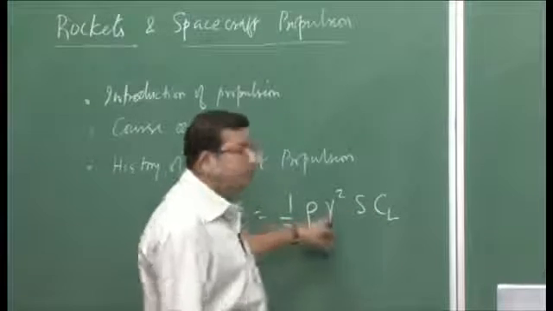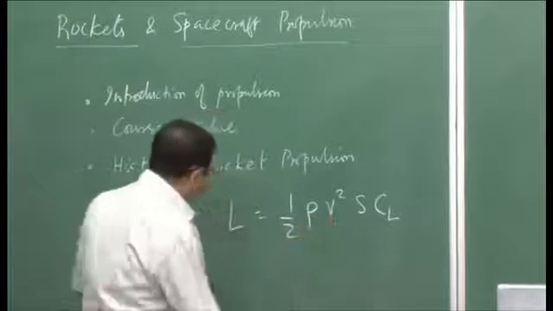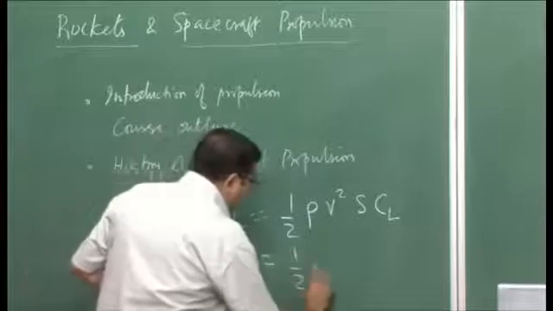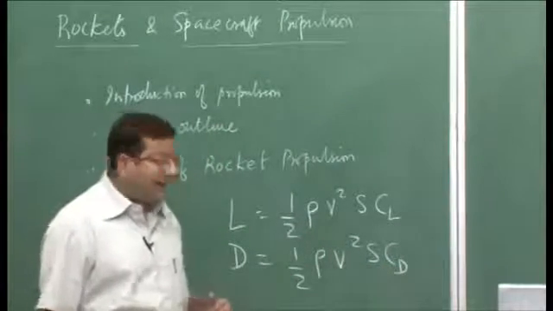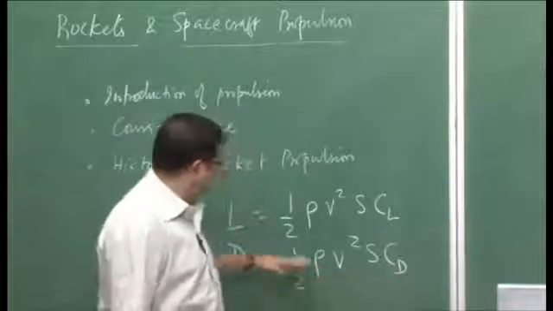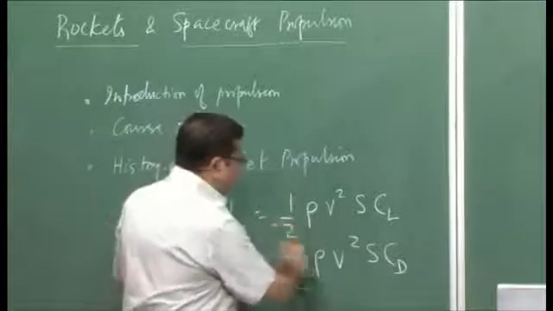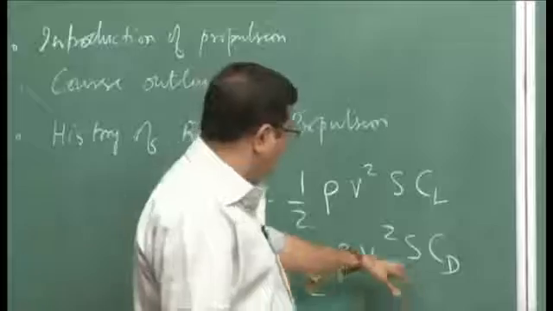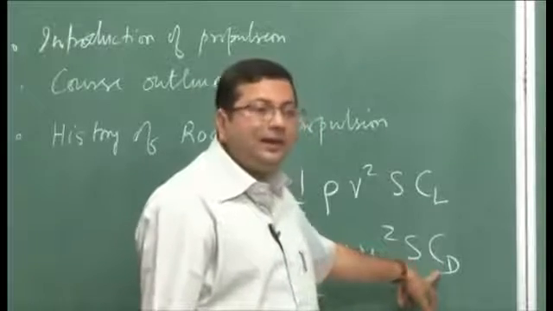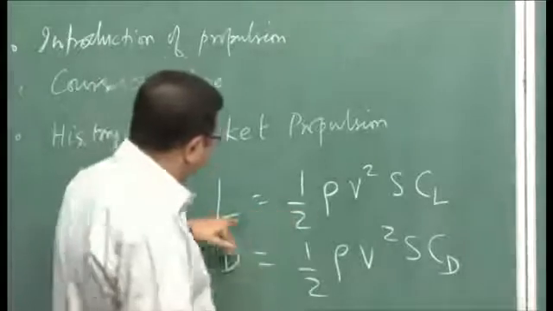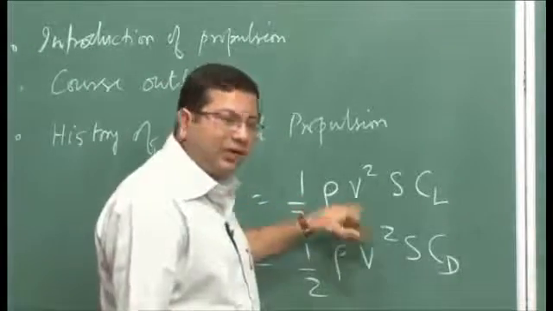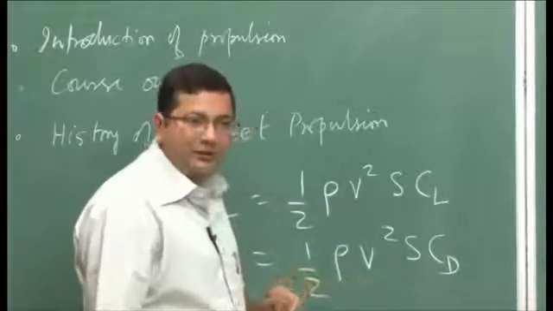Similarly, the drag is given by half rho v square s c d. Everything remains the same, because half rho v square is the dynamic pressure, and c d is the drag coefficient. So, in both of them we see lift is proportional to velocity square, and drag is proportional to velocity square.